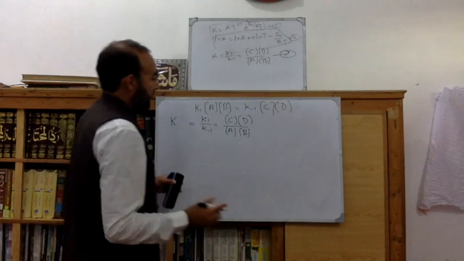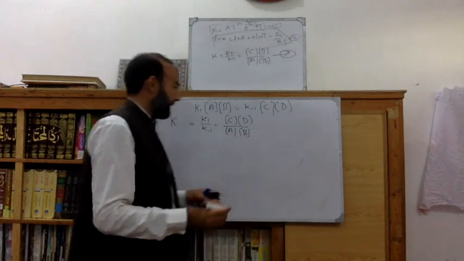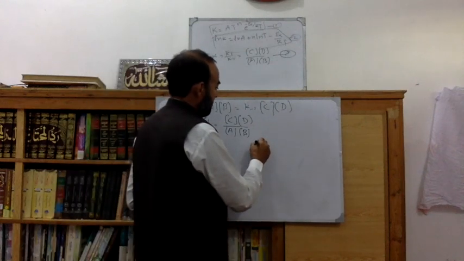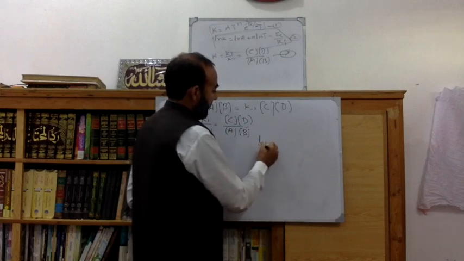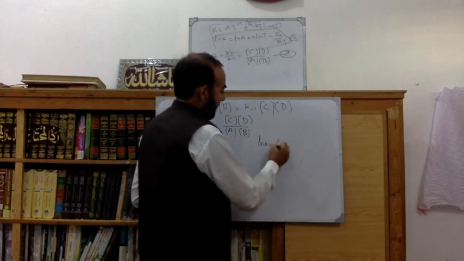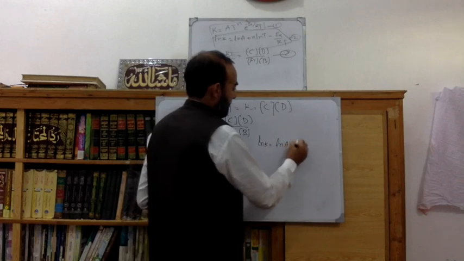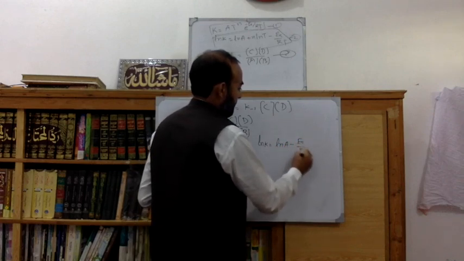Now we know from the general Arrhenius equation that ln K is equal to ln A minus Ea over RT.